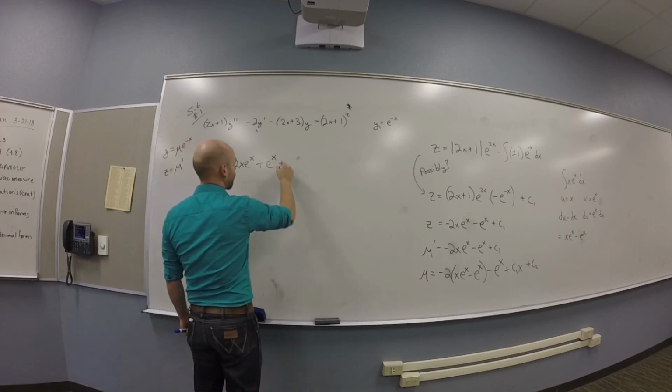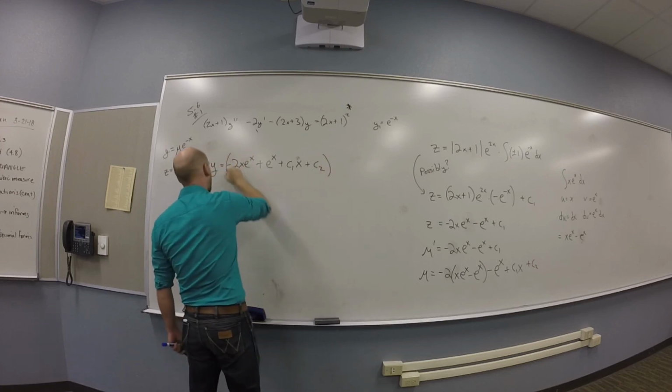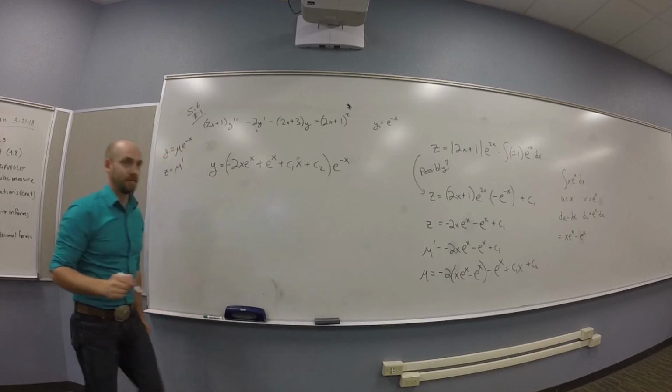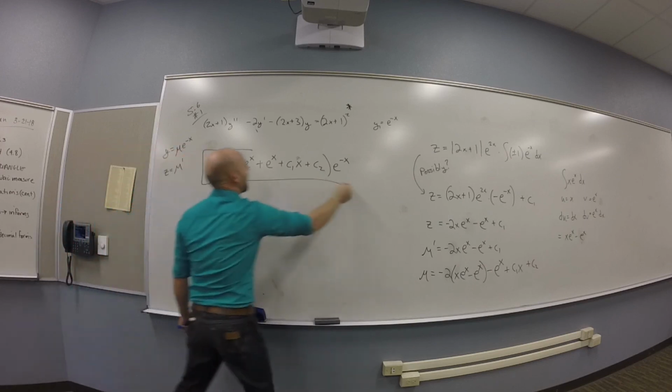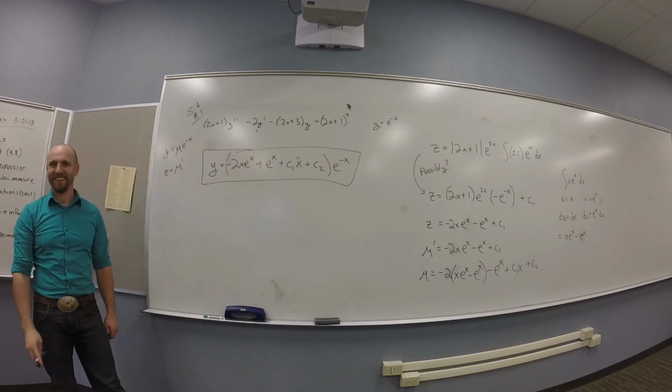Plus C1x plus C2, all times e to the minus x. Probably distribute that? No, at least that one's not that. Circle done.